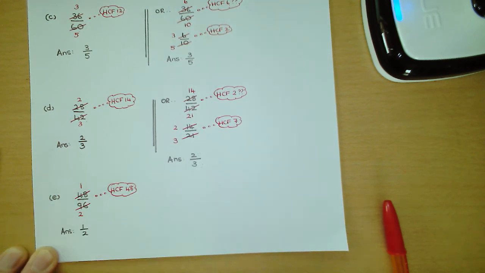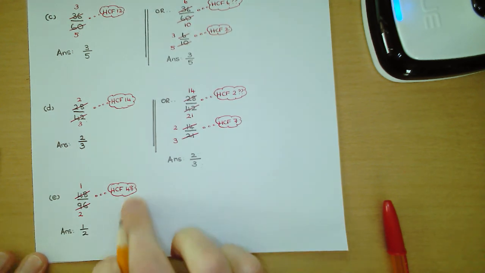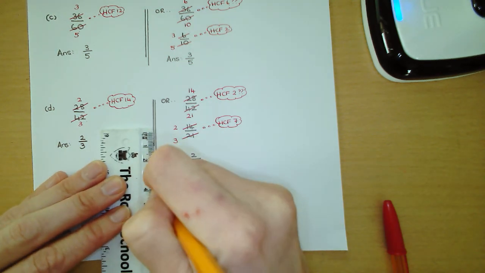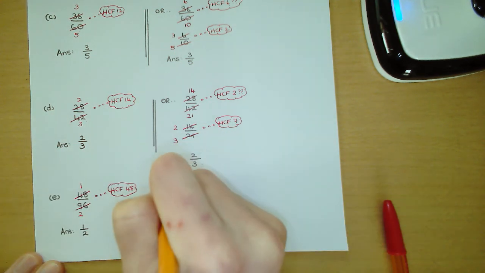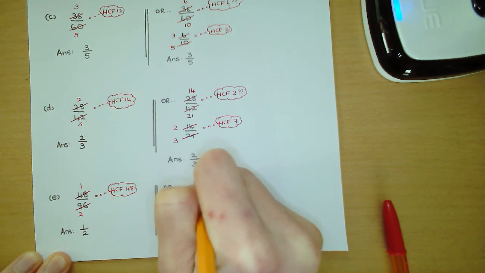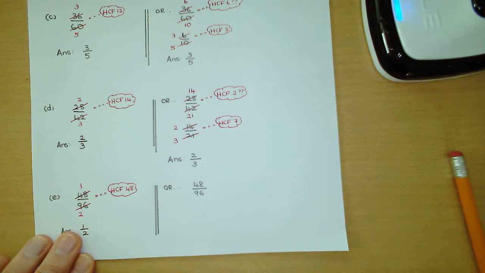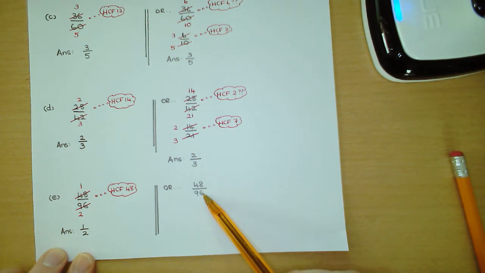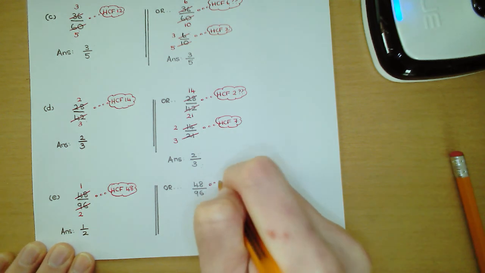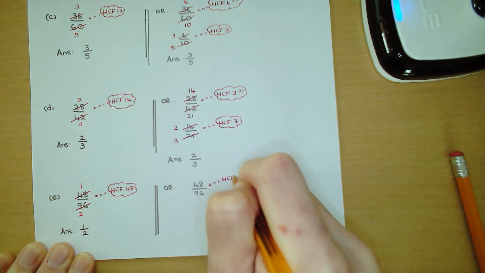Now, if you weren't able to spot that the highest common factor is 48, again, there's an alternative approach. Most pupils will look at 48 and 96 and say, well, they're even numbers, 2 definitely goes into them, so is the highest common factor 2?